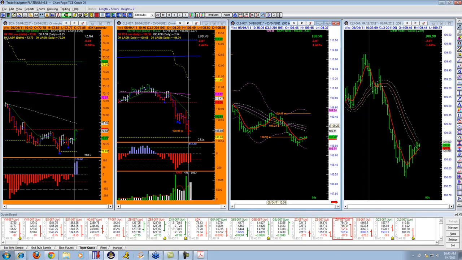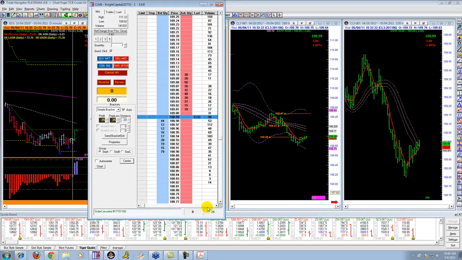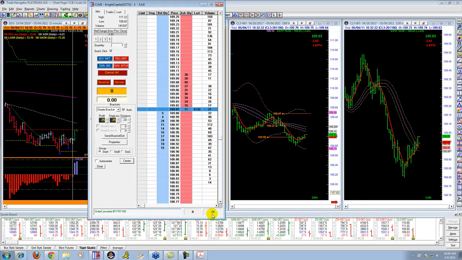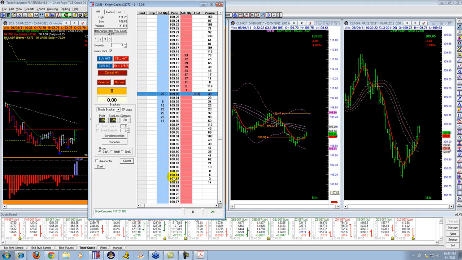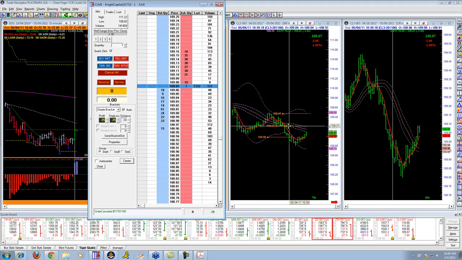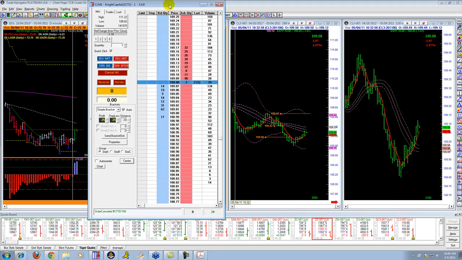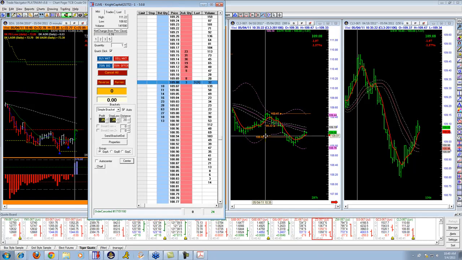So that's why I got 24 that time and not 25. A break even would put you at 22 right now on your rabbit. That's the only part of the trade, your runner, that you should have on now. Everything else should be off.